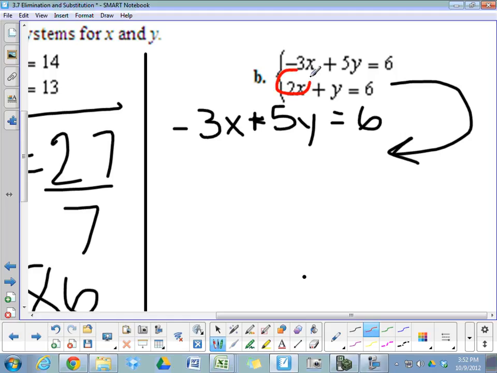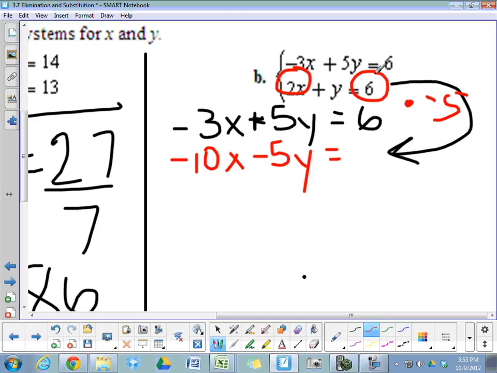So 2x, we're going to multiply by negative 5 and get negative 10x. Positive y, we're going to multiply by negative 5 and get negative 5y. And then on the other side of the equal sign, it's a very popular mistake to forget about that 6.